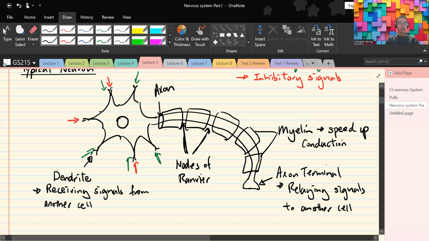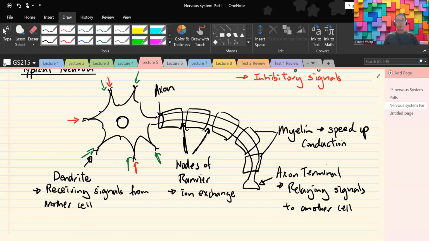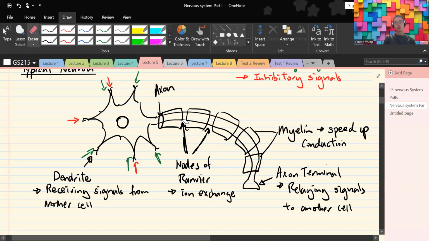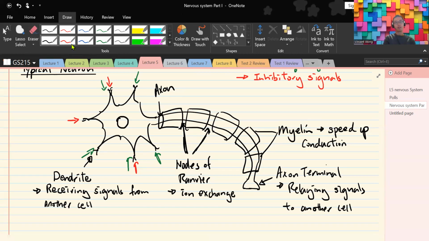That's where you will have ion exchange. If you watch the whole recording, you would know about the action potential, which is just ion exchange between sodium and potassium, and that exchange occurs at the nodes of Ranvier.